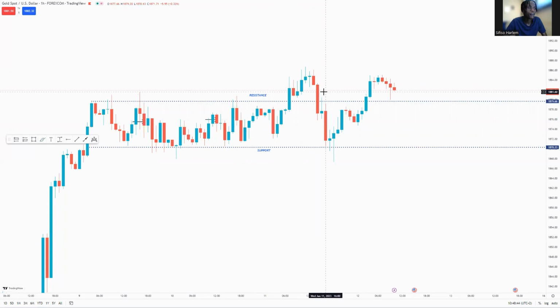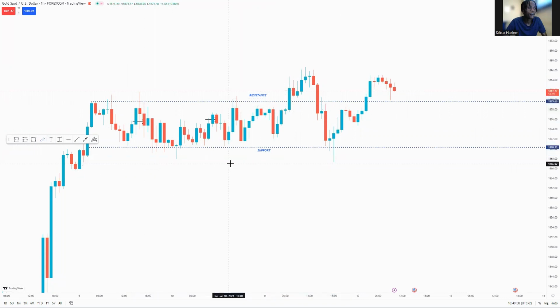Once this candlestick closed below, all I knew was that this is some type of breakout, break back in, retest below, anticipation of a continuation to the downside.